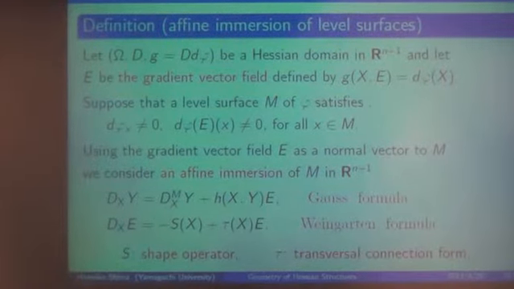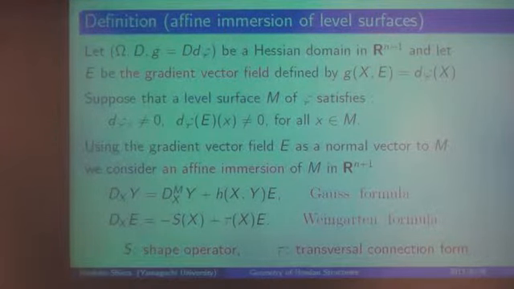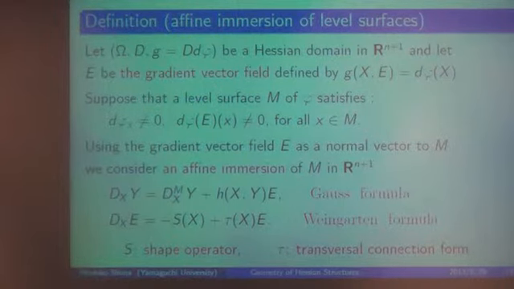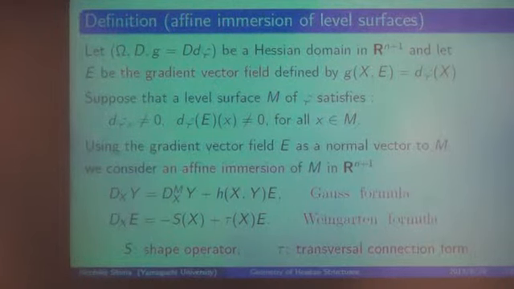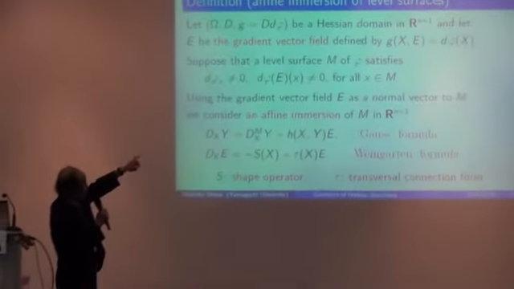Suppose that our level surface M of phi satisfies d phi not equal to 0 for all points x in M. Professor Koszul used this vector field frequently in his paper.